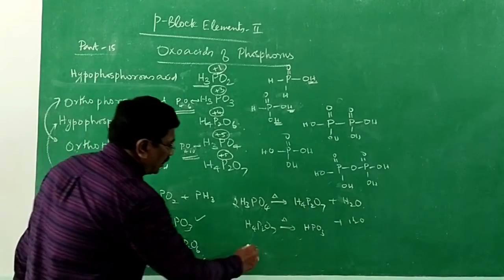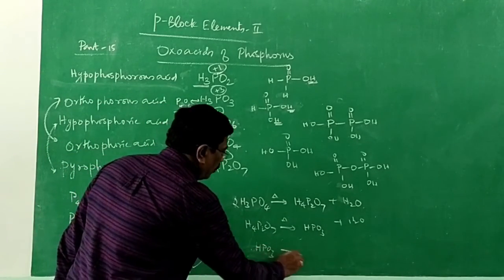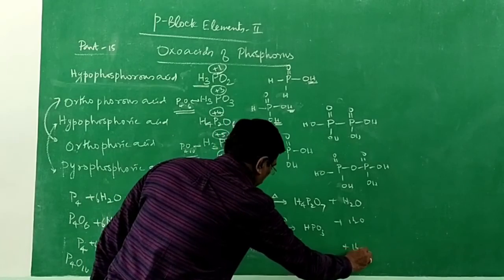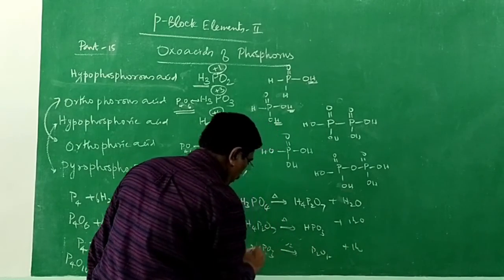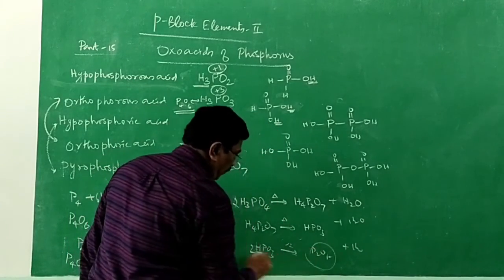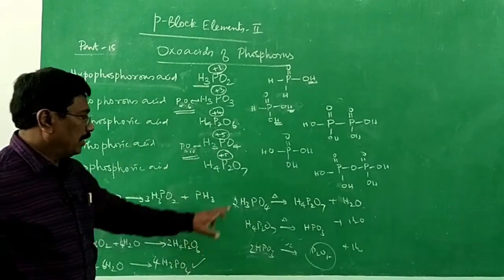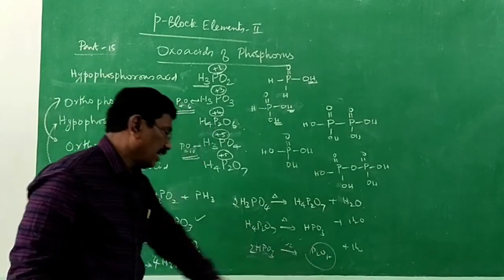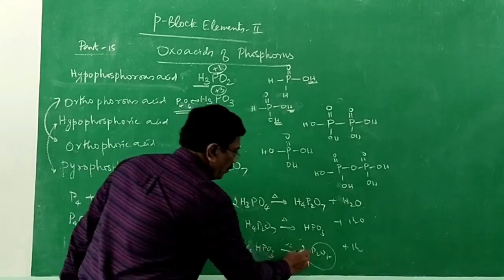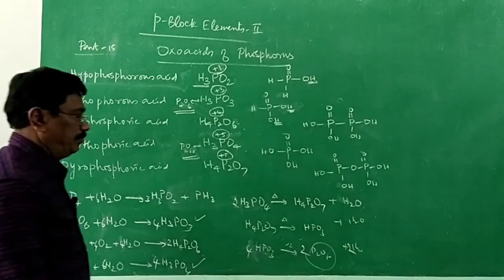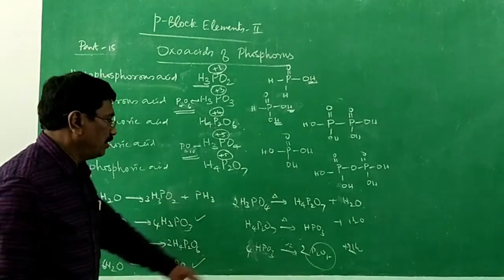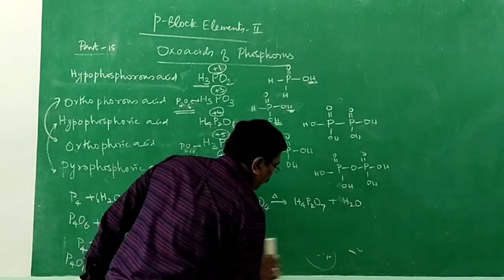When metaphosphoric acid is further heated, you get phosphorus pentoxide, P2O5. But it is a dimer, therefore the whole equation has to be multiplied. Phosphoric acid when heated should give phosphorus pentoxide. It takes place in 3 steps. These things are not given, therefore not needed for us.